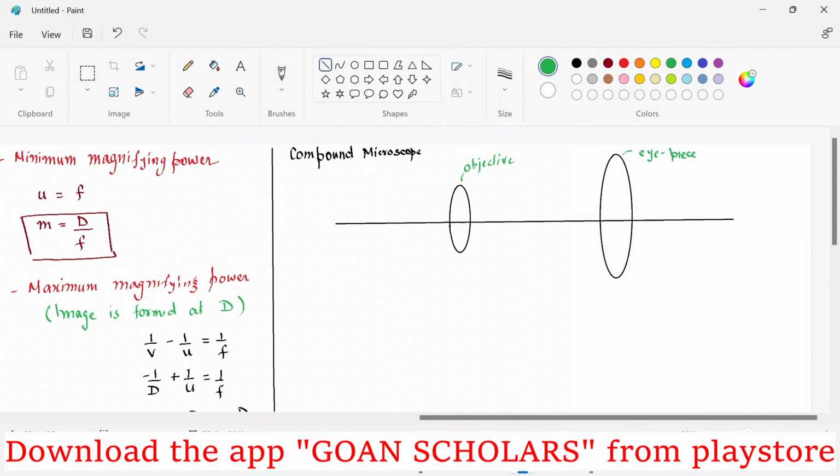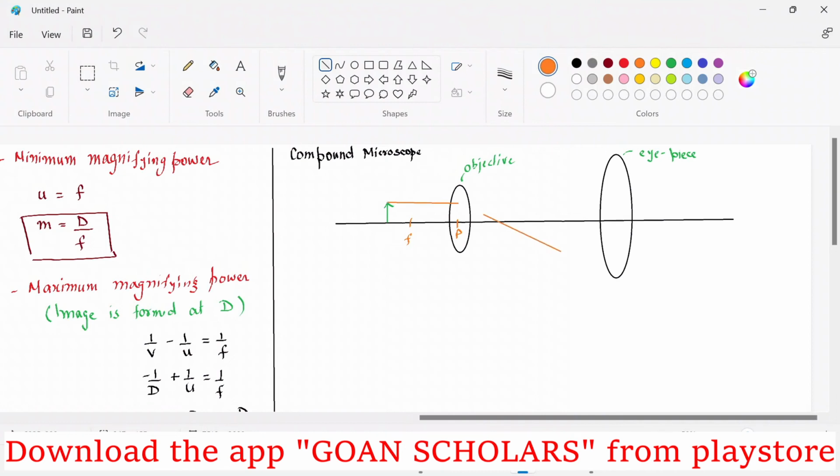And if you place any object here, where are we placing it this time? Are we placing it between focus and the pole? No. For the objective, we will not place it between focus and pole. Why? So that the image will be formed on the right hand side of the lens, and that image we want.